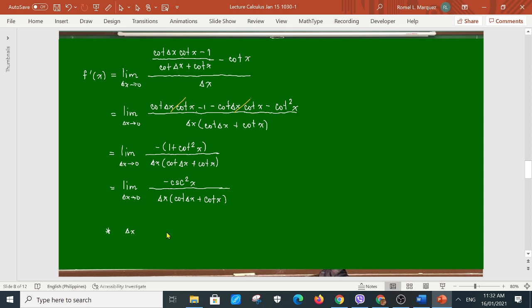Cotangent x. Okay? Cotangent x can be written as what? Cosine. Cosine of what?